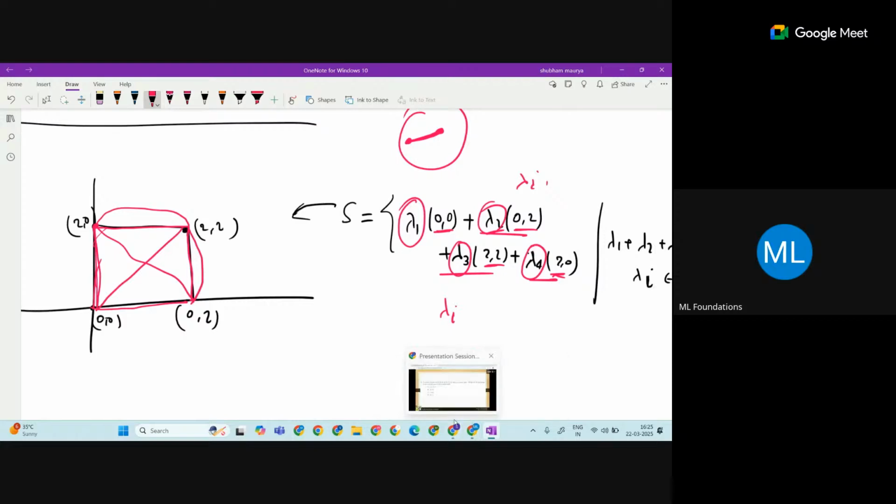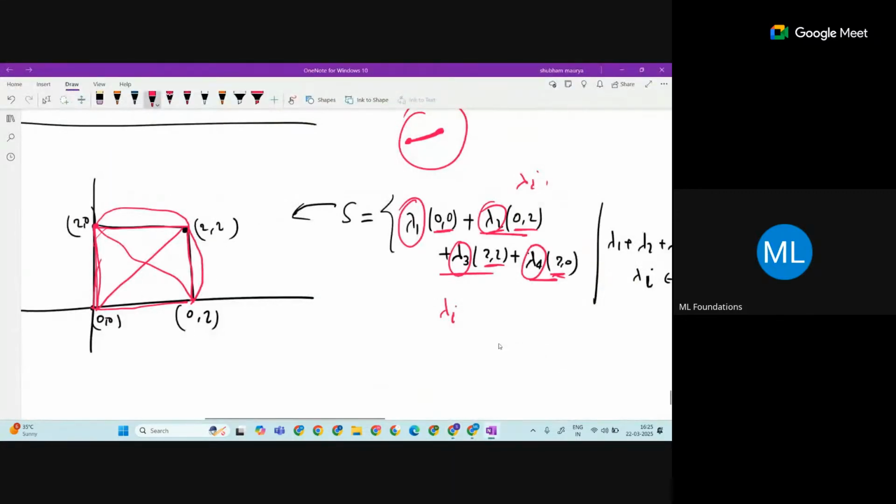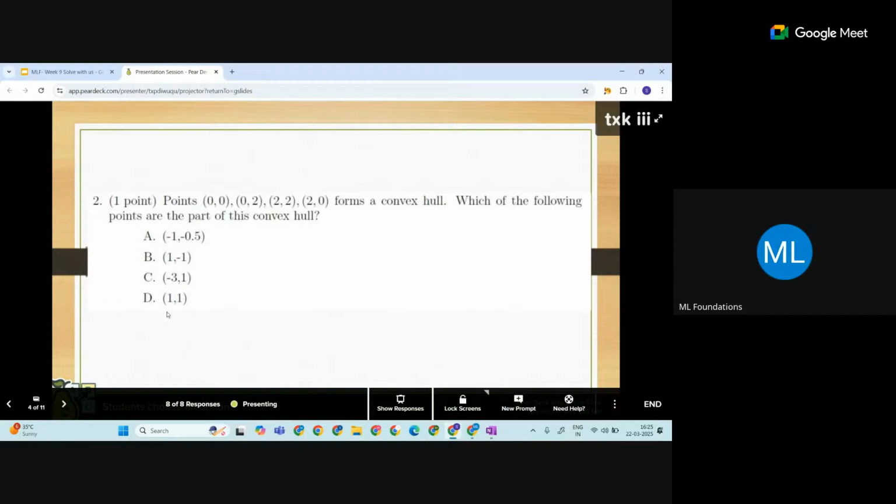When solving these numbers, we only get positive numbers. This coordinate is positive, and this coordinate is also positive. It is nowhere going to be negative. So if you match with that, only option D is going to match.